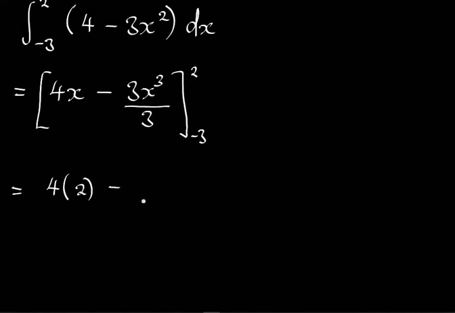Notice this here can be simplified, so we're just going to have x to the power 3. Then we subtract off our lower limit, remember -1 like I said. Then we have a 4, -3 minus x to the power 3.